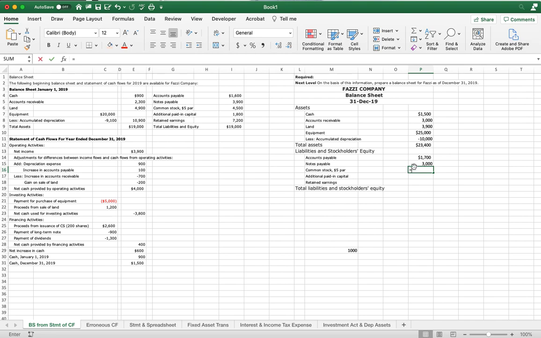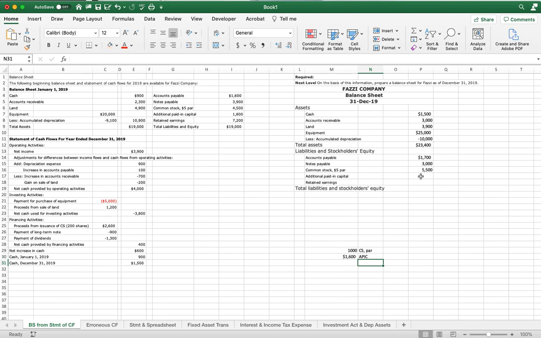So we'll say equals 4,500 plus that 1,000. I'll just put a note here that this is common stock par, but we issued it for $2,600, so 2,600 minus that 1,000 gives us 1,600 in additional paid-in capital, or APIC.